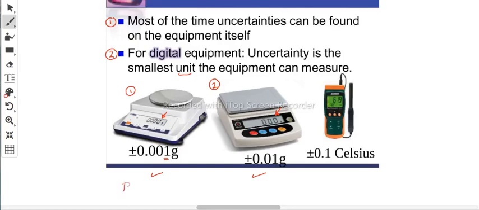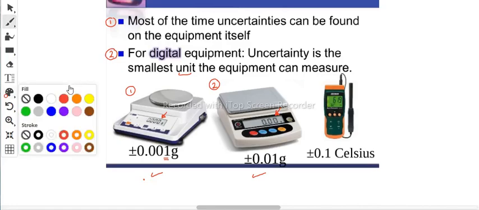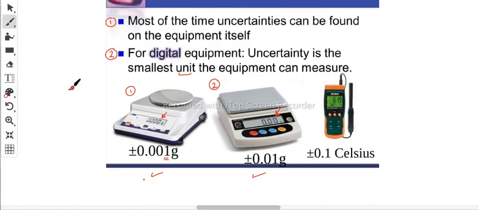Definitely, the values taken from the first balance are considered more precise, so it's better to use it. The first balance is more precise compared with the second, and the second is less precise.